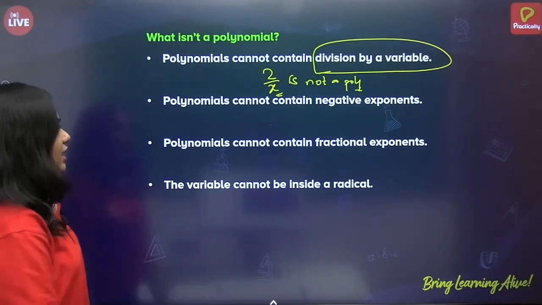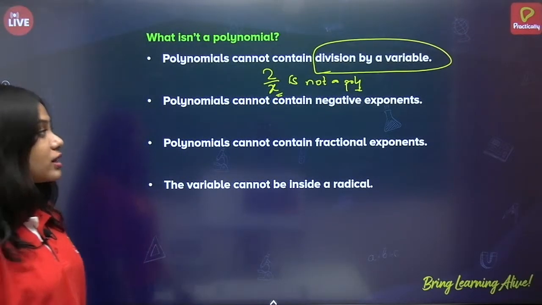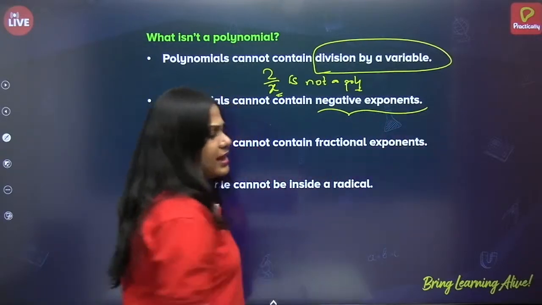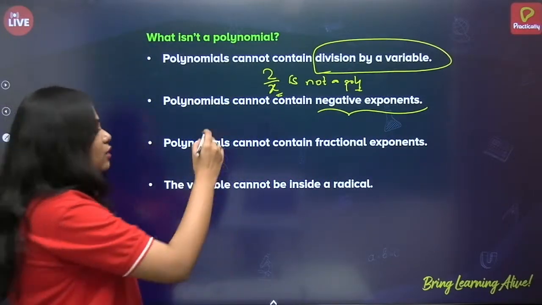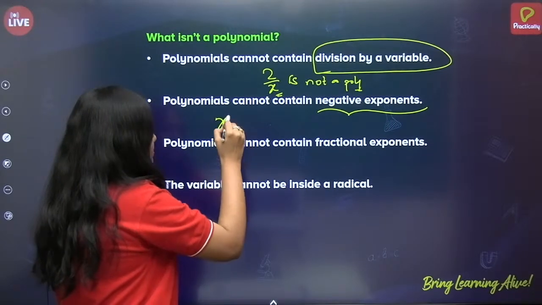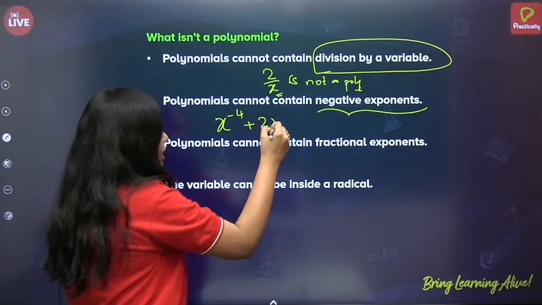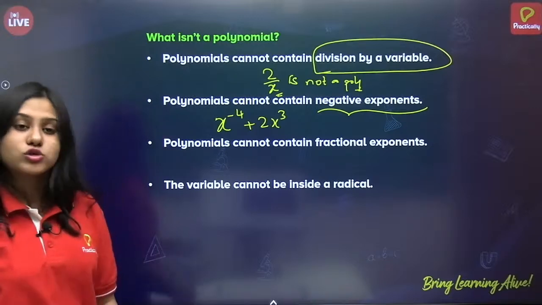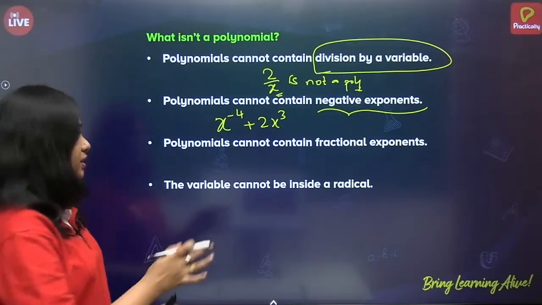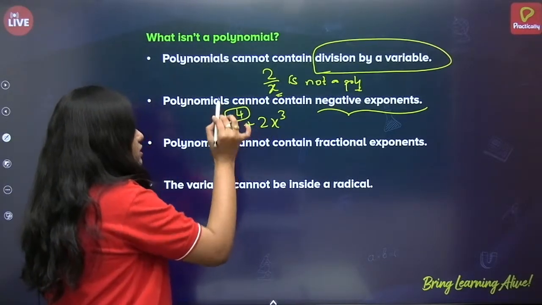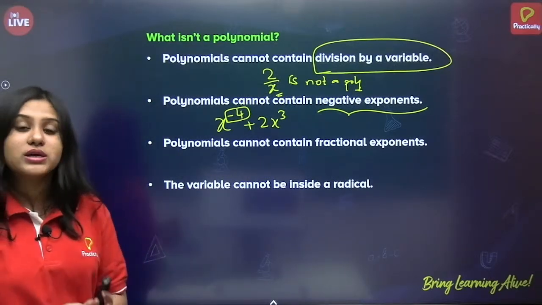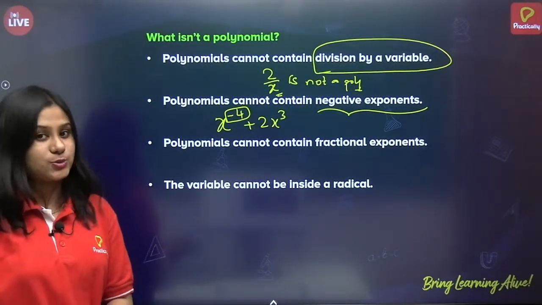Next, polynomials cannot contain negative exponents. Yes, obviously, we have just seen that. If I take x power minus 4 plus 2x cube, this is also not an example of a polynomial, because here the power is negative and polynomials cannot have negative exponents.